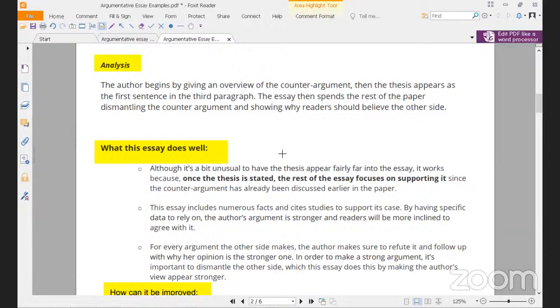So it's very interesting because it shows something that we normally didn't see.